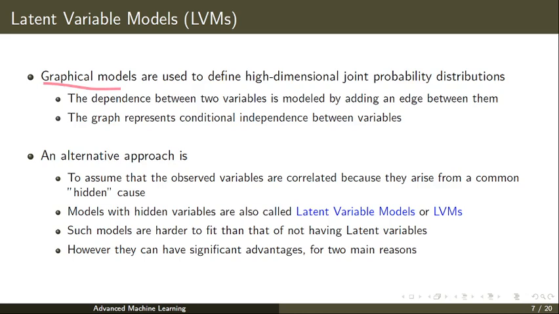So in a graphical model also we can see that there will be an edge between this particular node and all the other correlated nodes. Models with this type of hidden variables are known as latent variable models. Such models are more difficult to fit than those without latent variables.